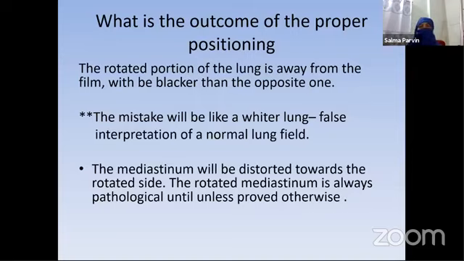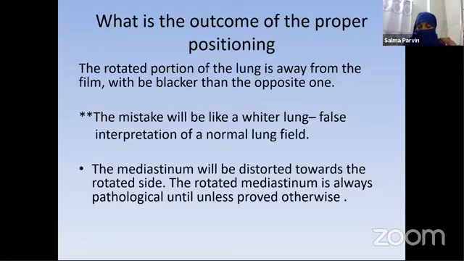But if there is any collapse or any lesion that causes the right pulmonary collapse, the patient will have a midline mediastinum. Even if there is a leftward rotation, you must critically consider this possibility, because any mistaken interpretation of the mediastinum will cause a disaster for both the patient and the doctor.